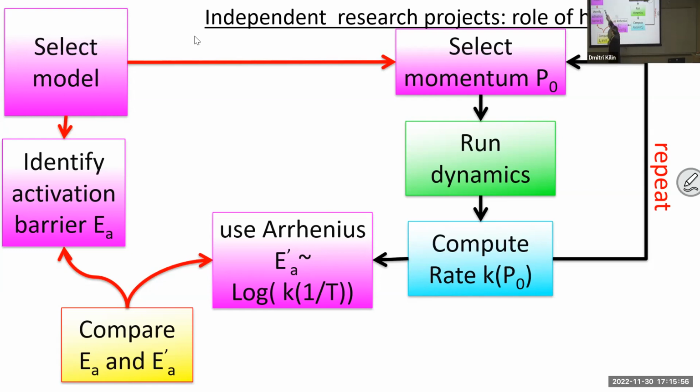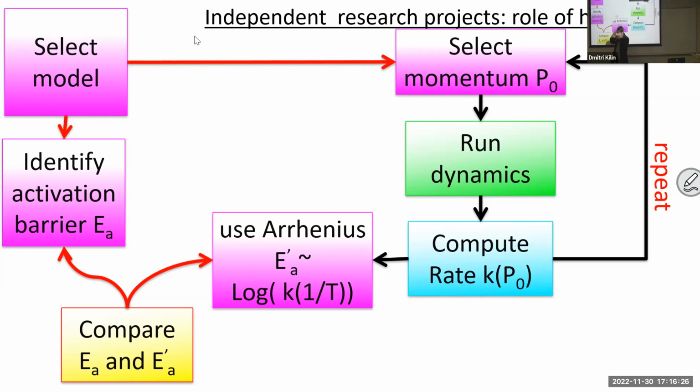So when you have a model and you have a potential, one can just analyze the potential, either one-dimensional or two-dimensional, and see by your eye of a chemist if there is a barrier. One can measure the energy offset between minimum and maximum and say, okay, here's my recorded activation barrier. And then one can run a wave packet.